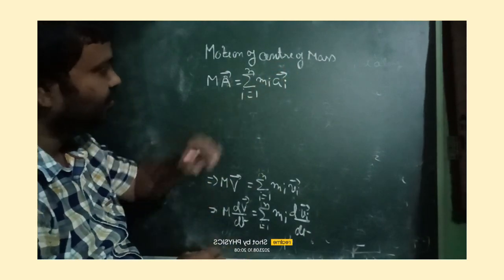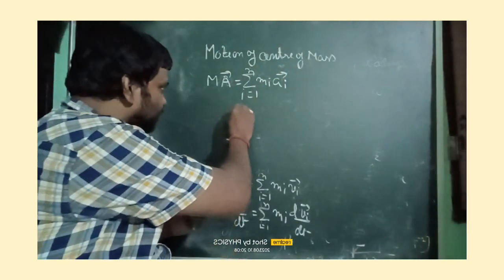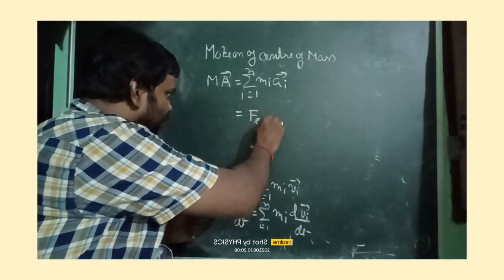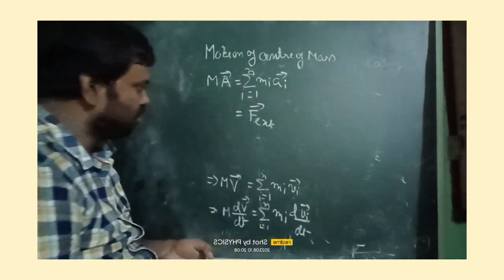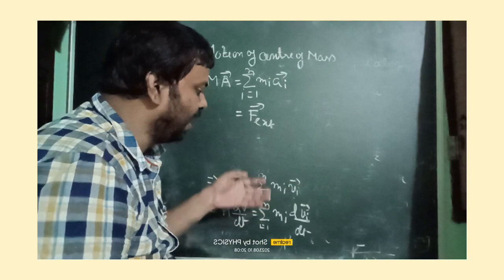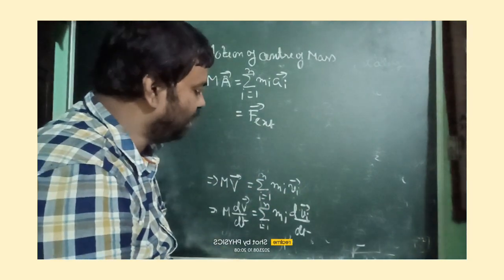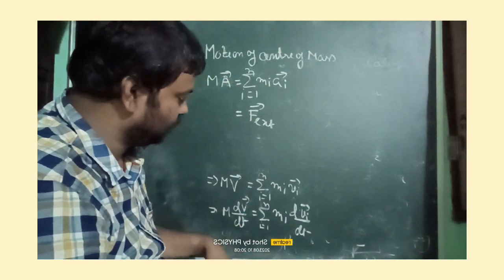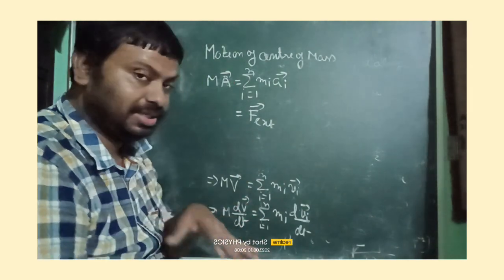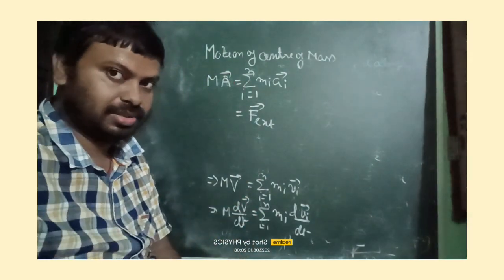What is mi ai vector? That is the external force. So from here we have F external equals m into a, that is mass into acceleration, and v is the velocity of the center of mass.